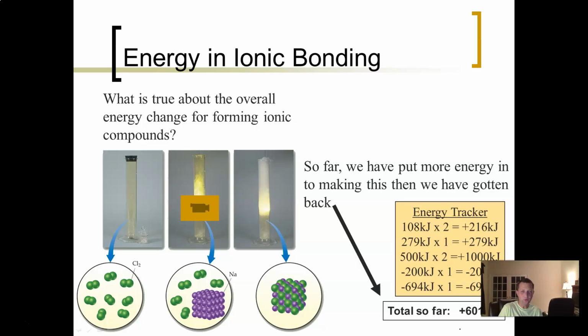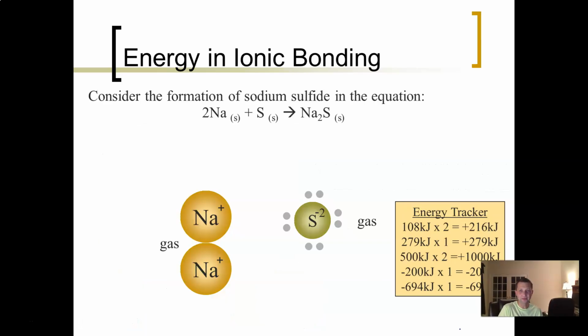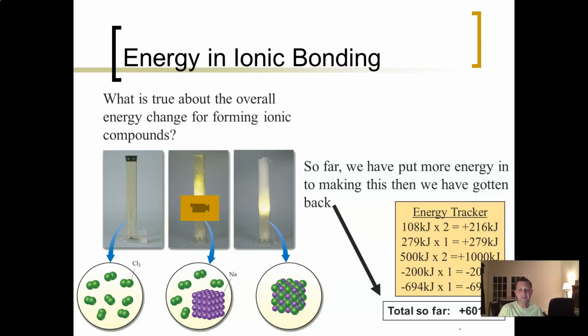We need this whole process to be exothermic, okay? So since we need that to be exothermic, this last step better really make up for the fact that we've put in 601 kilojoules of energy so far. It needs to release at least 602 kilojoules of energy to make this favorable in terms of enthalpy and energy.